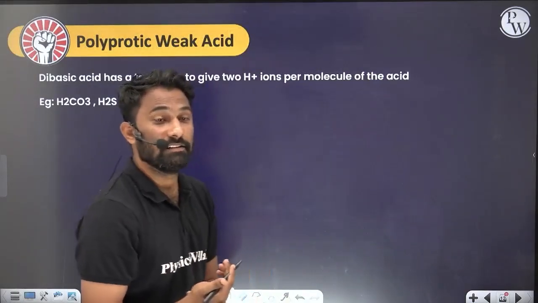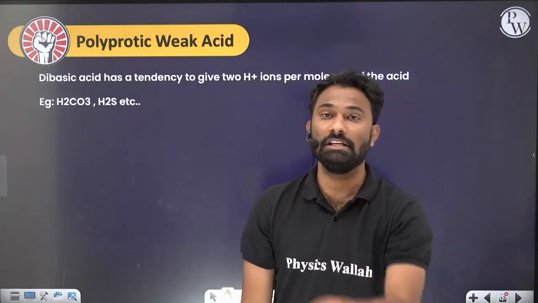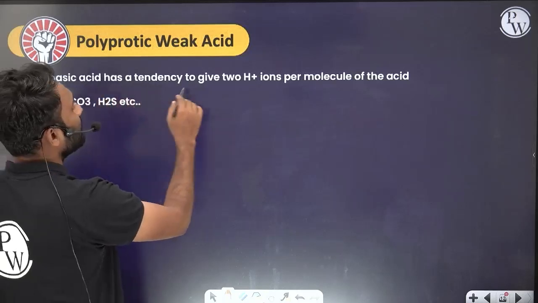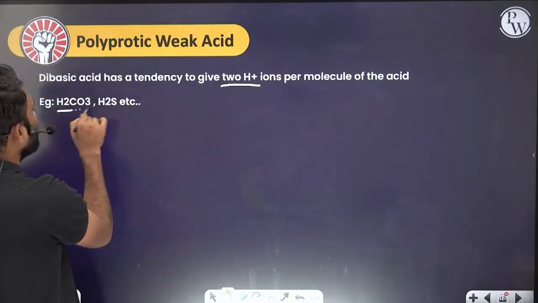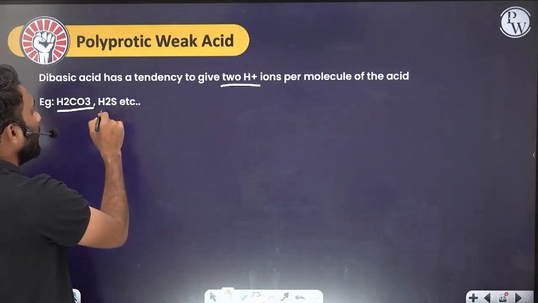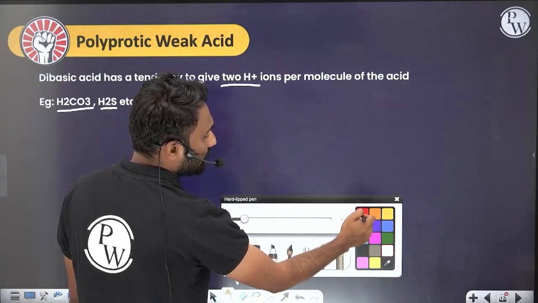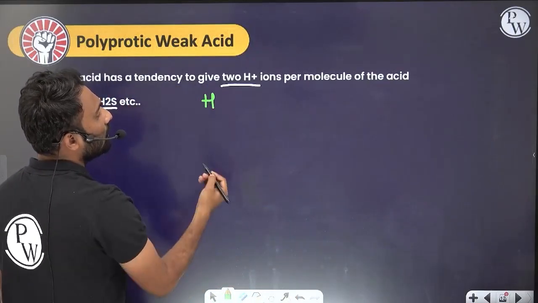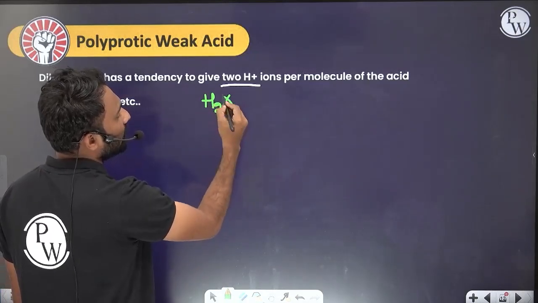Okay, now next, polyprotic weak acid. Polyprotic weak acid means double dissociation, it will give 2 H plus. The dibasic acid has a tendency to give 2 H plus ions per molecule of acid. Examples are carbonic acid and H2S. Here I am taking one dibasic acid, H2X.